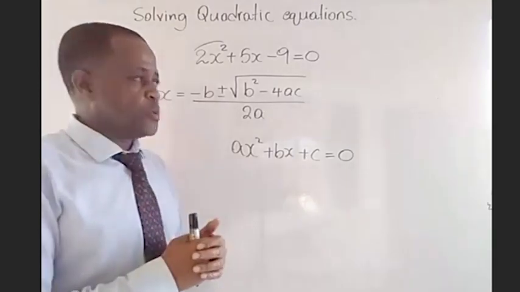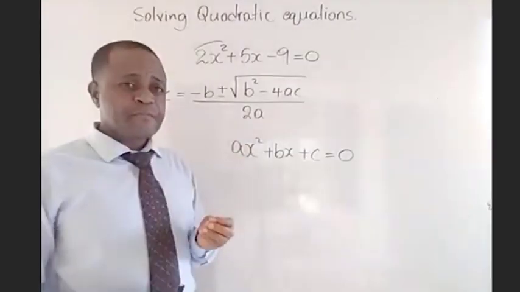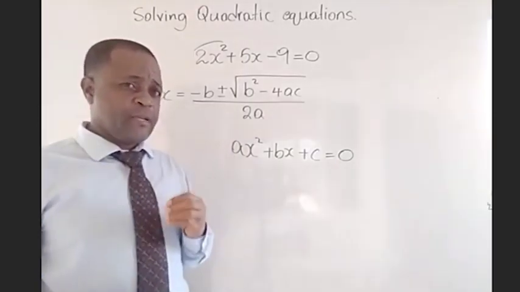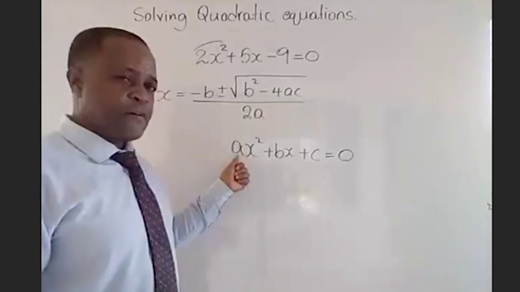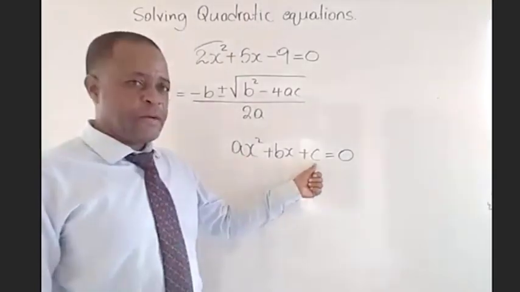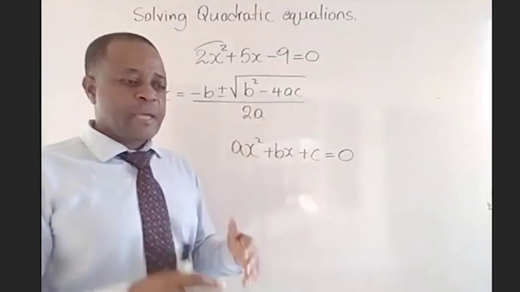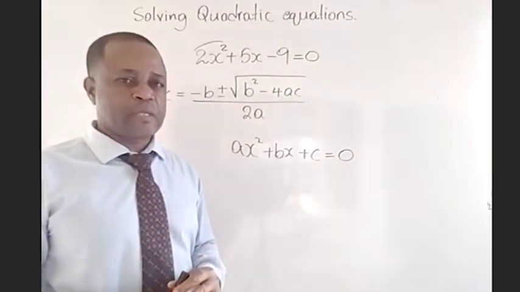So in order for you to solve the quadratic equation using your formula, the most important thing for you right now is to be able to identify the value of A, the value of B, and also the value of C. If you can identify those, then you should not have any problem whatsoever.